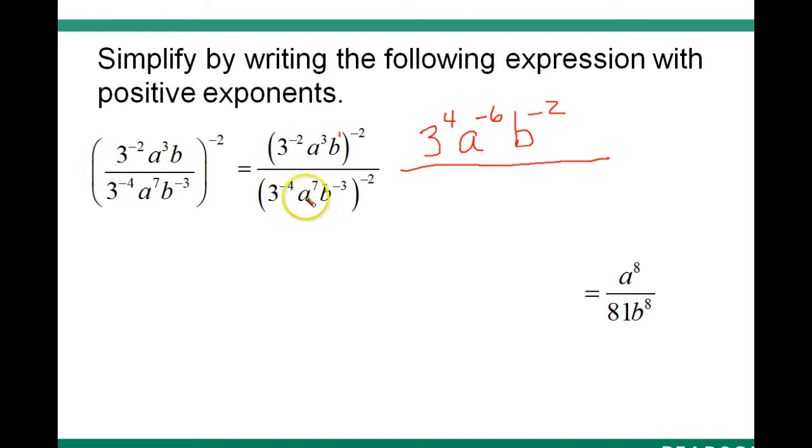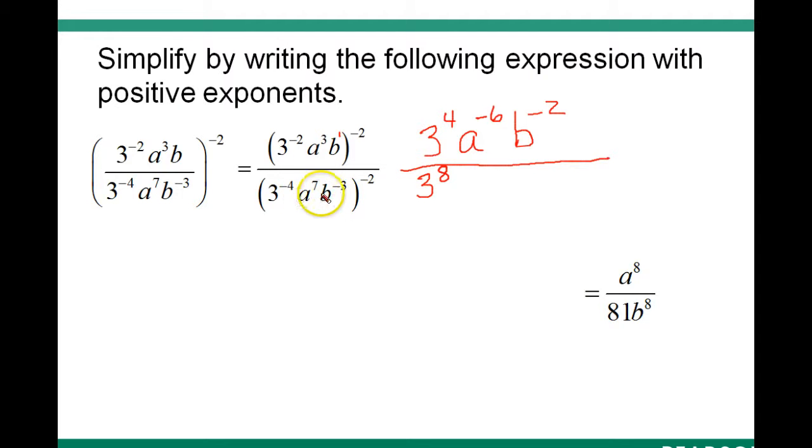Okay, we're going to do the same thing to the denominator. This becomes 3, and negative 4 times negative 2 is a positive 8.